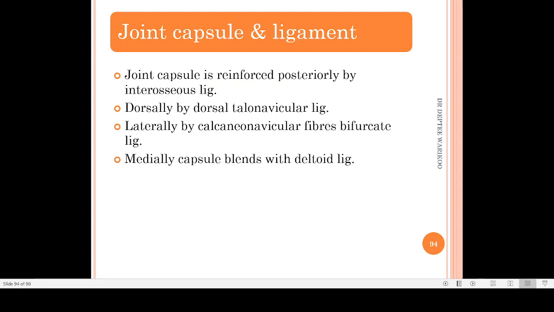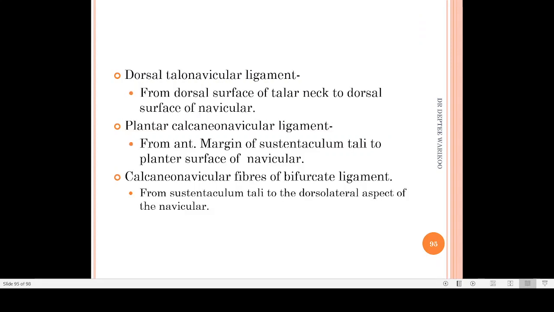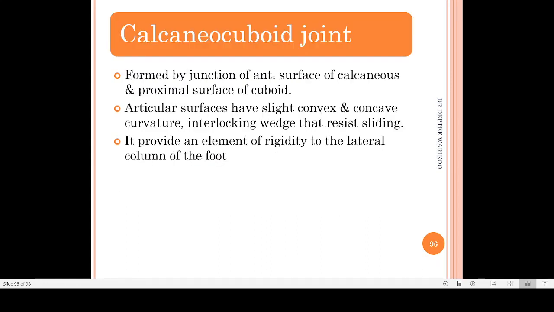The joint capsule is reinforced posteriorly by the interosseous ligament, dorsally by the dorsal talonavicular ligament, laterally by the calcaneonavicular fibers of bifurcating ligaments, and the medial capsule blends with the deltoid ligament. The dorsal talonavicular ligament runs from the dorsal surface of the talar neck to the dorsal surface of the navicular. These are the ligaments around this joint: the plantar calcaneonavicular ligament and the calcaneonavicular fibers of bifurcating ligaments. These are the basic ligaments around the joint.